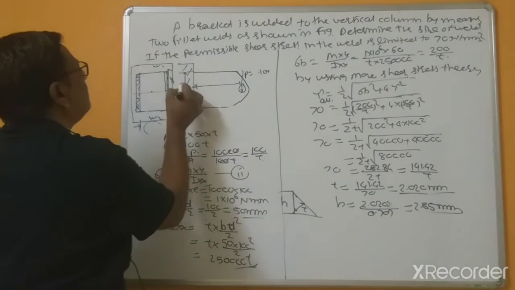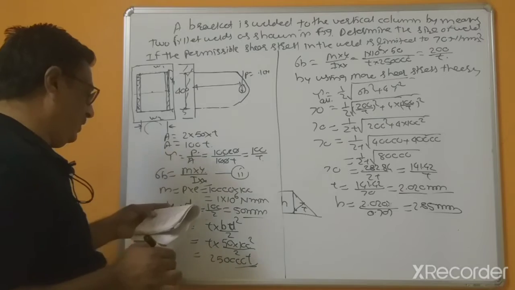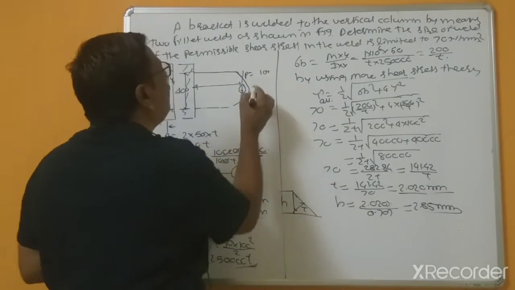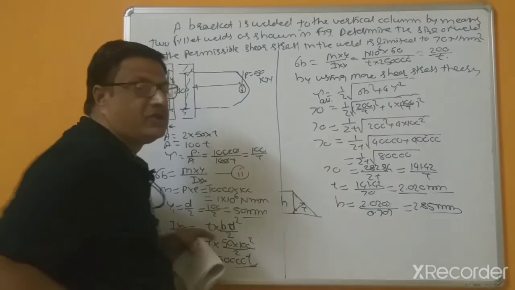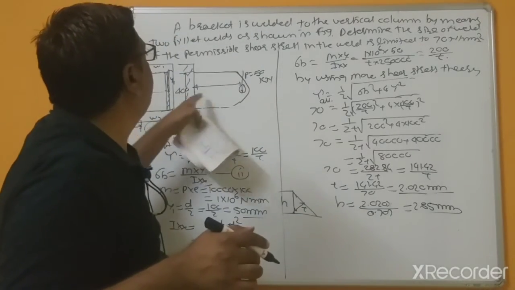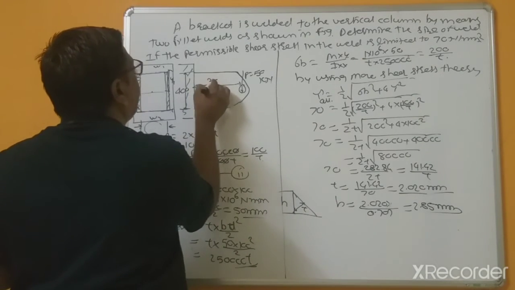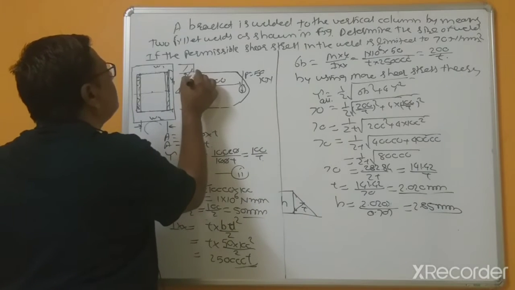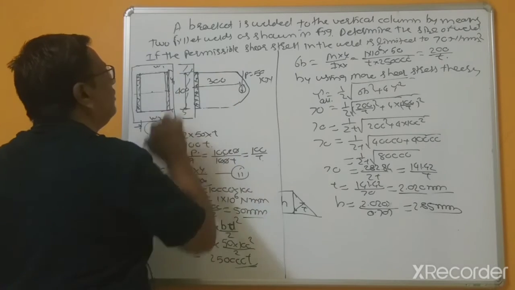In this case, this is equal to 400 mm. Now P equal to 50 kilonewton. In the previous case it was 10 kilonewtons and this distance was a small 100 mm. Now this is 400 and this is increased to 50 kilonewtons. This distance also increases to 300 mm. And here this weld is a vertical weld.